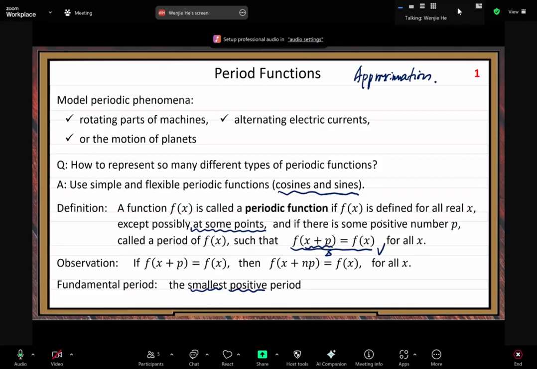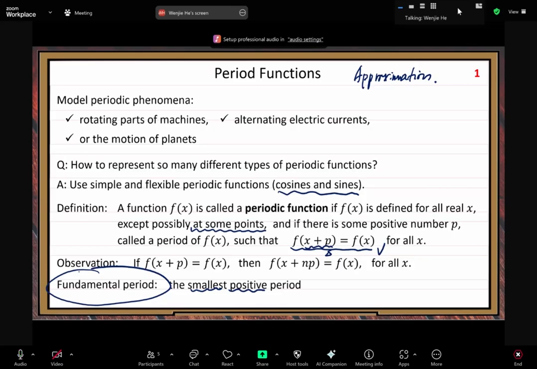In our discussion, when we talk about period, by default we refer to this fundamental period. Sine, cosine, the fundamental period is 2 pi. Tangent function, cotangent function, fundamental period of pi. Things like that. But most of the time, people do not say fundamental period.